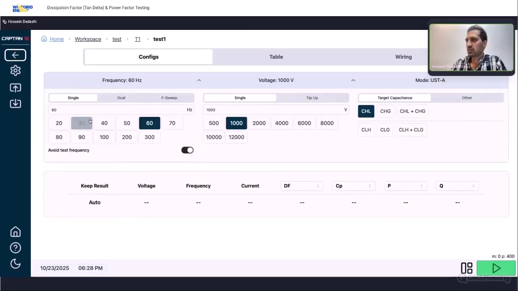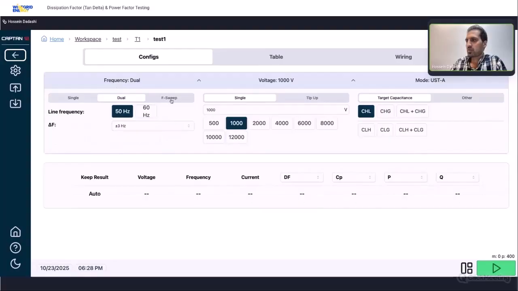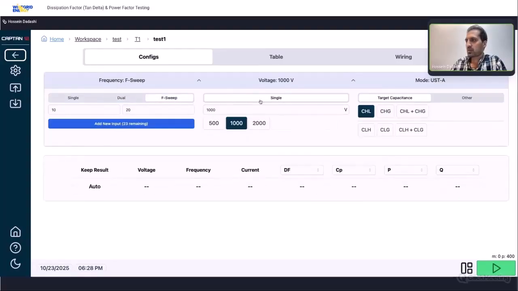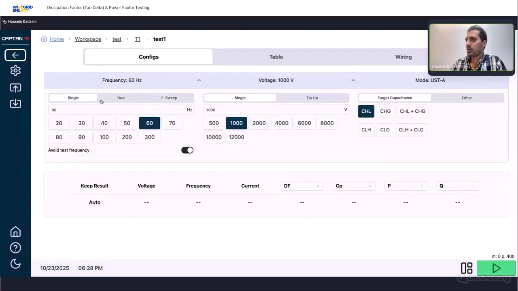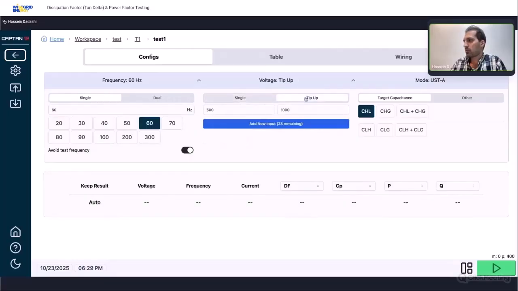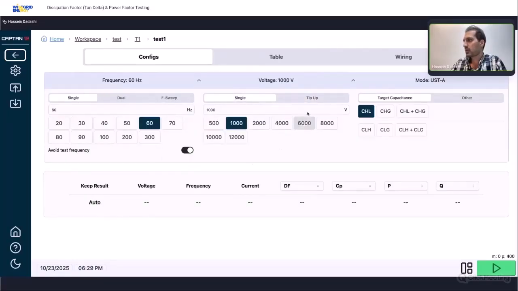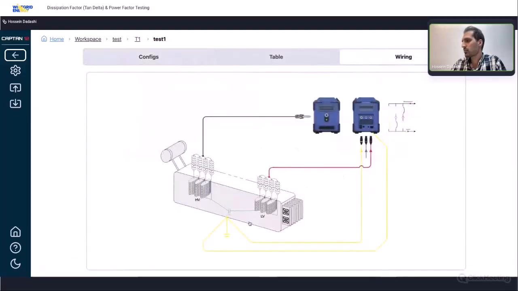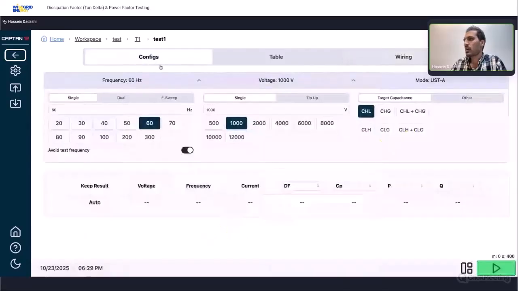For example, here you see different test modes for frequency sweep, or maybe for voltage, tip-up, or single. Another interesting point is the wiring. For example, if I select CHL here and go to the wiring, the software shows us the correct wiring.